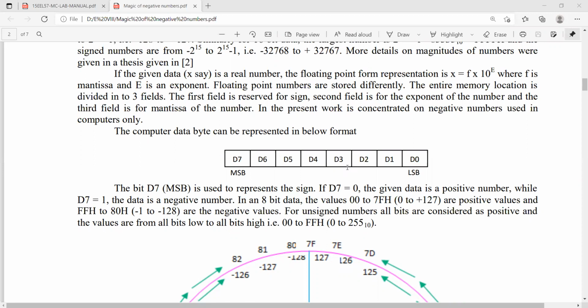So it is a complexity. If you take the numbers in the mirror image format, there is a problem. To eliminate that problem, of positive 0 and negative 0, that method is not sufficient.